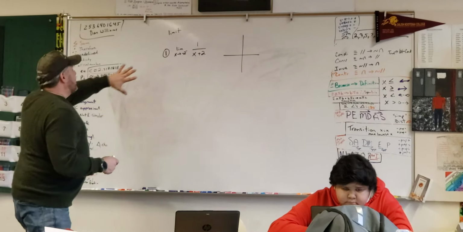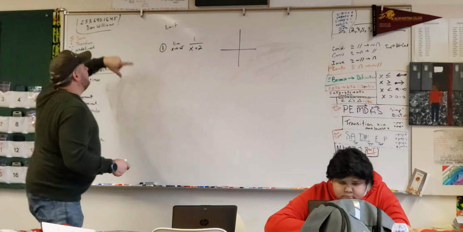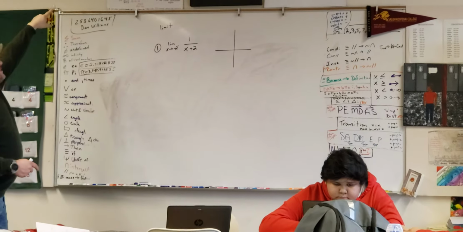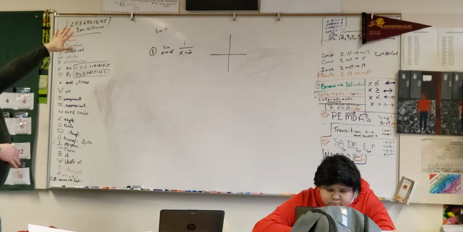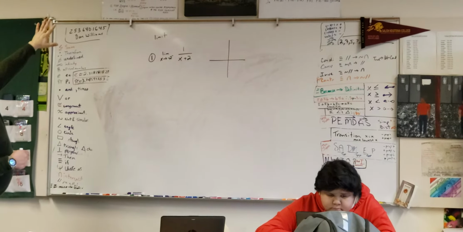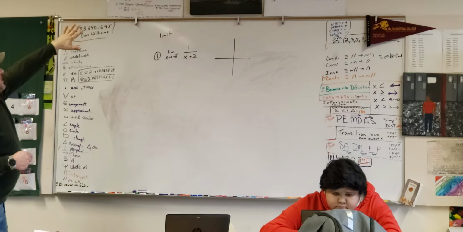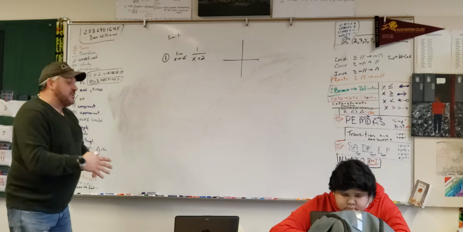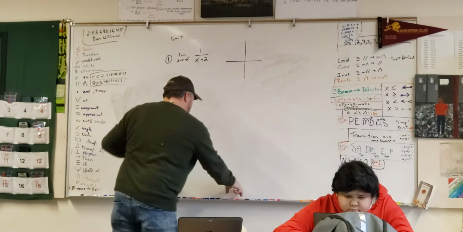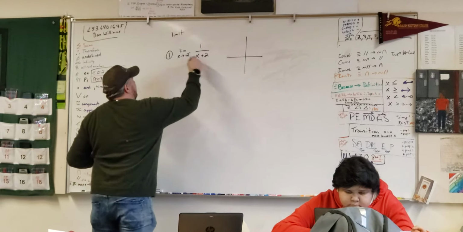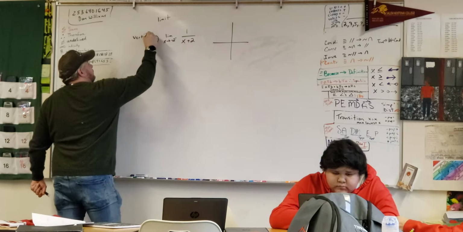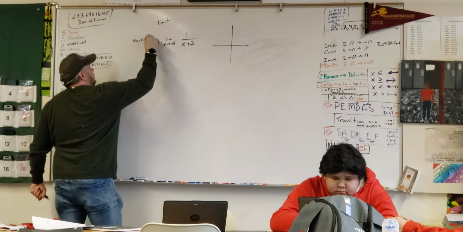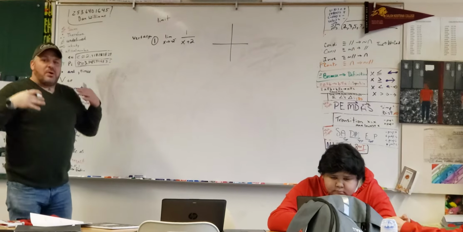And so we can look at this function right now. We can tell, is there a vertical asymptote? We know that there's no hole, there's nothing canceled. It says up here, when the bottom equals 0, there's a vertical asymptote. So we know right away that this function has what we call a vertical asymptote. Where is that at?